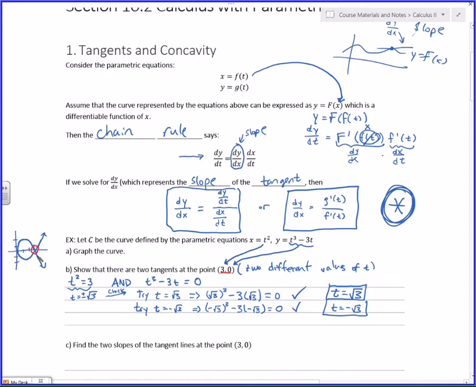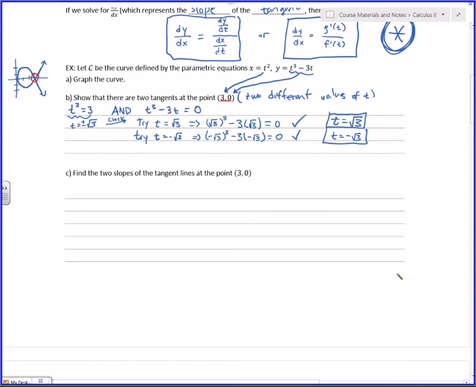So to find the slopes of those tangents, we're going to find dy dx from this formula here, plug in square root of 3 for t, and then we're going to also plug in negative square root of 3 for t, and that'll give us 2 different slopes, the positive one and the negative one. Okay? So what is dy dx?